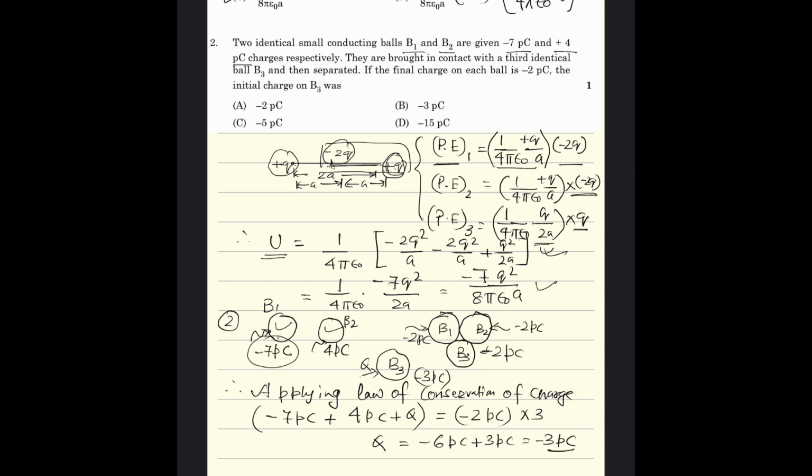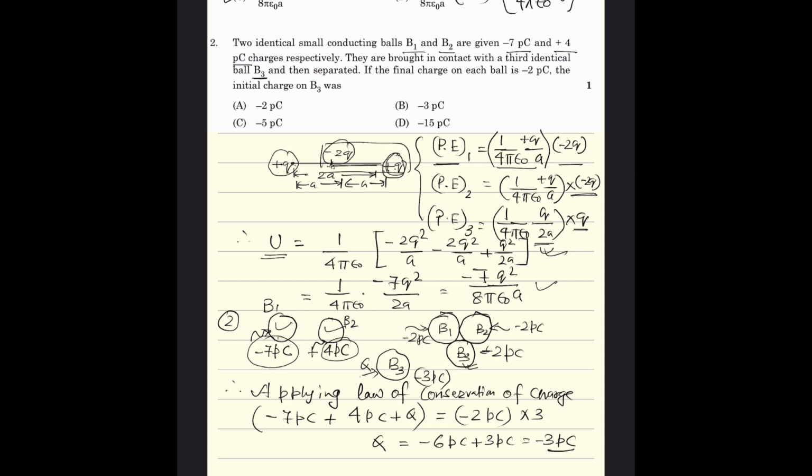They are brought in contact with a third identical ball. Identical means the size of this ball B3 is the same. And then they are separated. So B1, B2 and B3 are kept in contact and then separated.